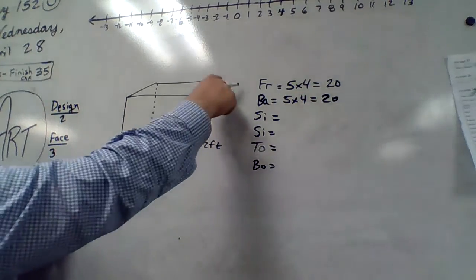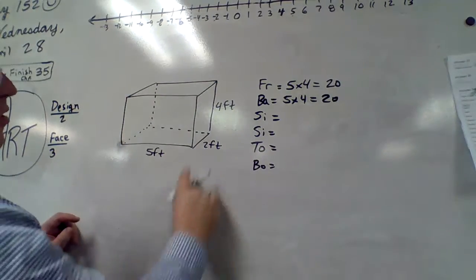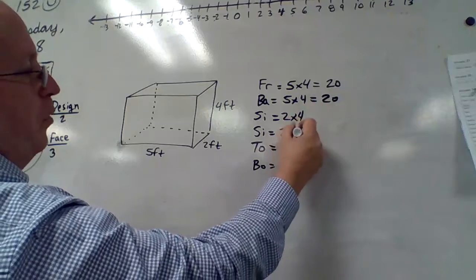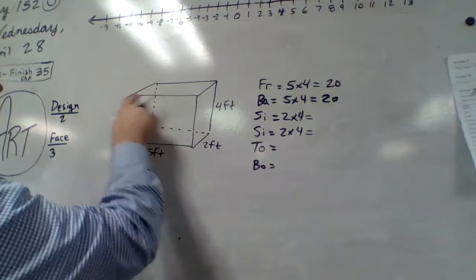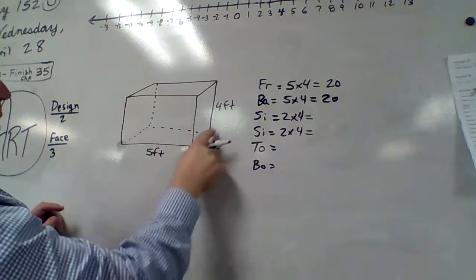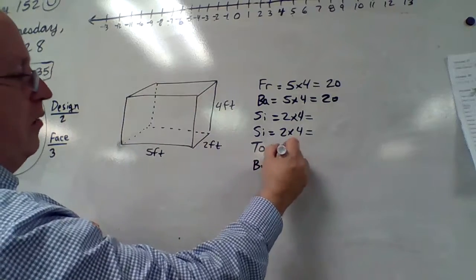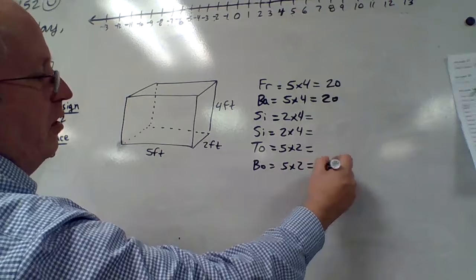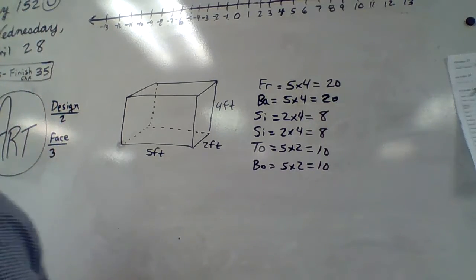How about the side faces here and over here? What are the dimensions? If you said 2 by 4, you'd be right. And both of them have to be 2 by 4. How about the top and the bottom faces? Top right here and bottom right here. What are the dimensions of the top and the bottom? If you said 5 by 2, you'd be right, with a total area of 10. And I forgot to write those numbers in as 8. We're almost done.